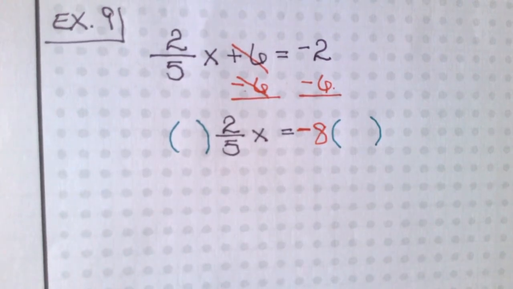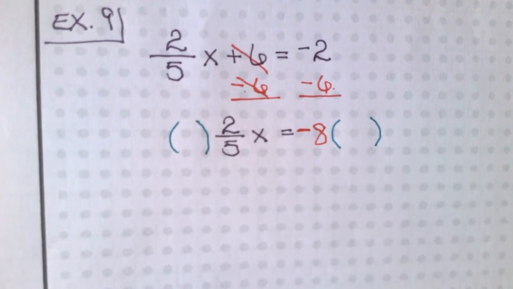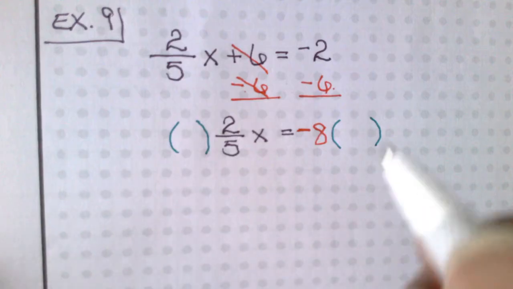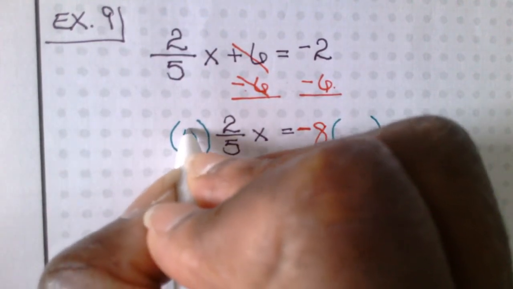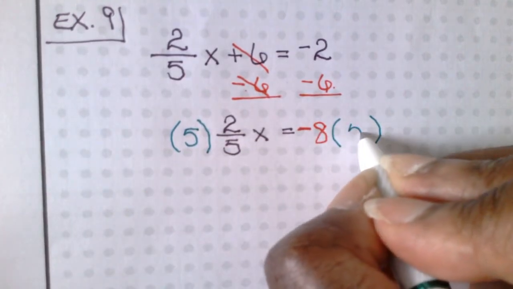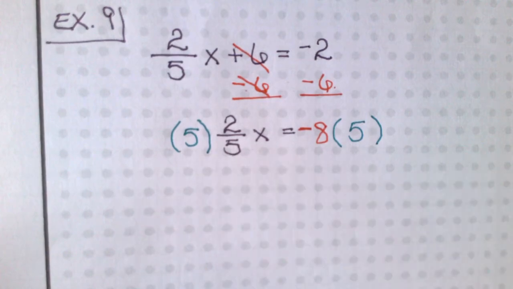We could do the reciprocal, because you are going to get the same answer, but I want to do it step by step, just for those that are trying to warm up. So now I multiply both sides by 5. Always multiply both sides by whatever your denominator is.